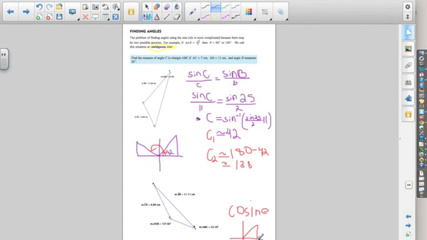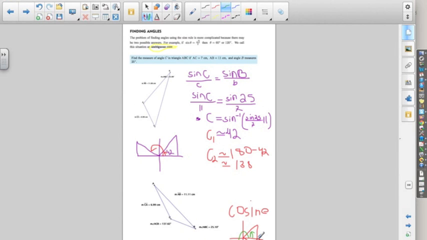Where else is cosine positive? It's positive where the x value is positive, so positive in the fourth quadrant. So there would be two answers for the cosine law. This one and that one.